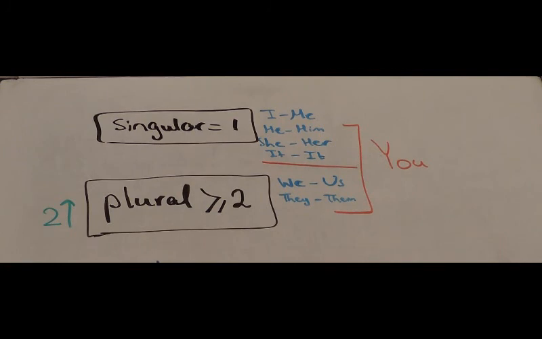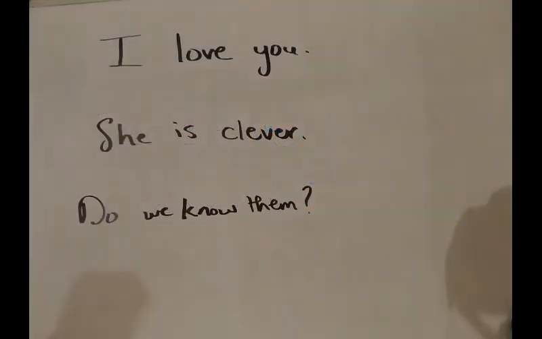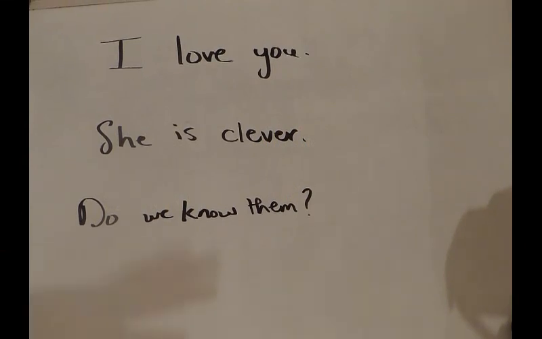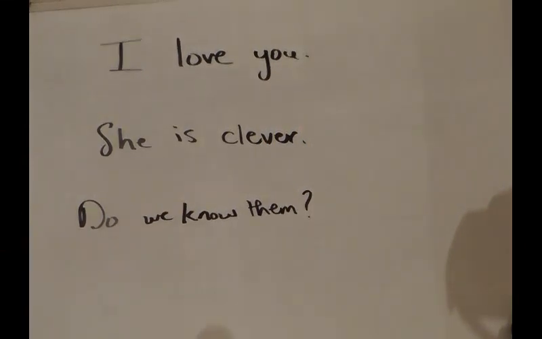Whether I'm talking about one person or more, I always use you. You works for singular as well as it works for plural. So this is the third difference. Okay, so let's start with difference number 4.